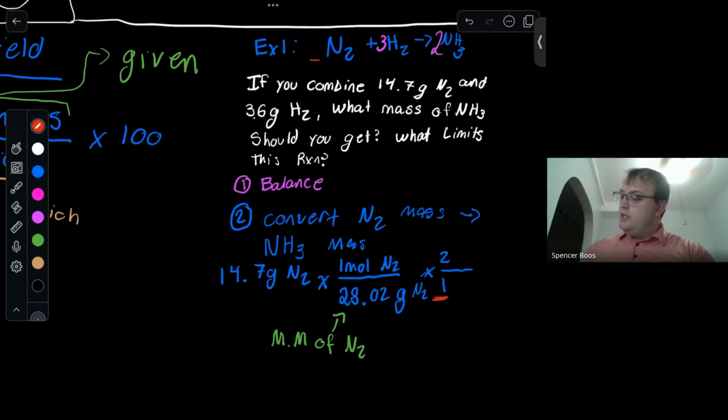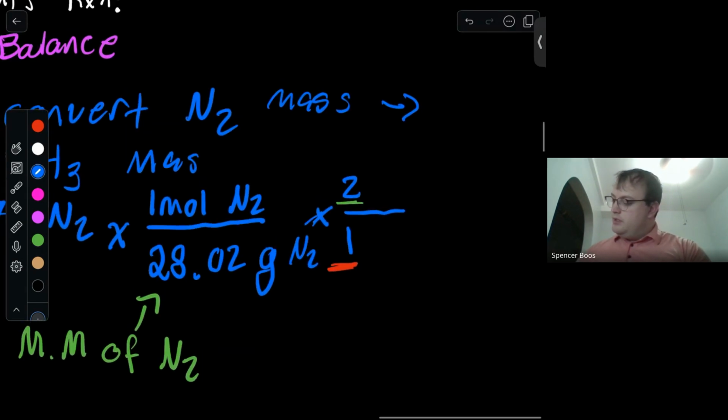I get this 1 from here, and I get this 2 from there. 2 moles NH3, and 1 mole of N2.